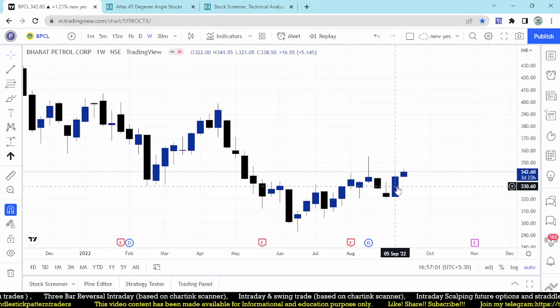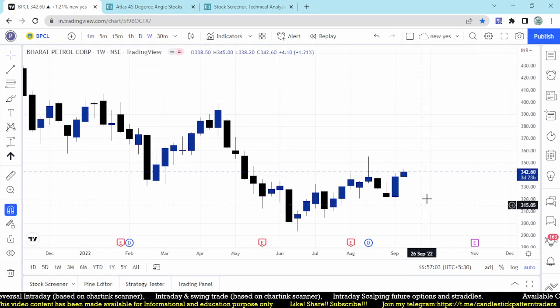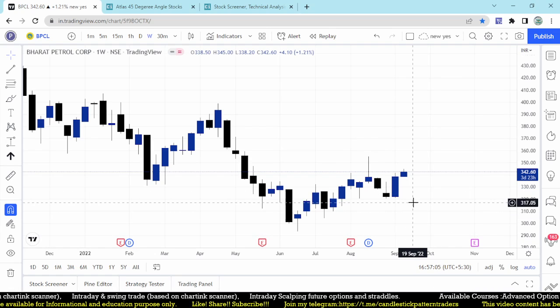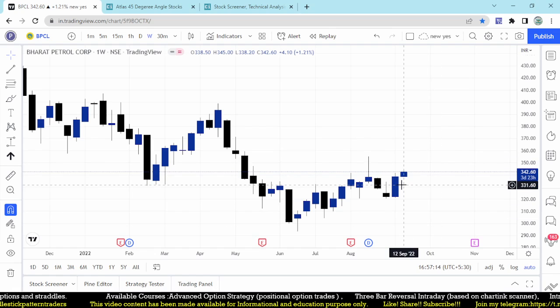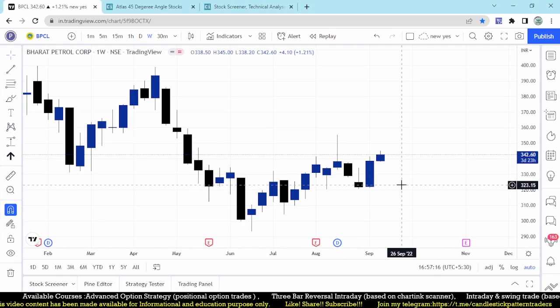The entry point is around 341.5, and now it is closing 1 rupee up. These are not for intraday, because we are using a weekly time frame, and it gives you some opportunity for a positional trade, such as an investment or short-term trade. So Zee and Bharat Petroleum both triggered your entry as we discussed yesterday.